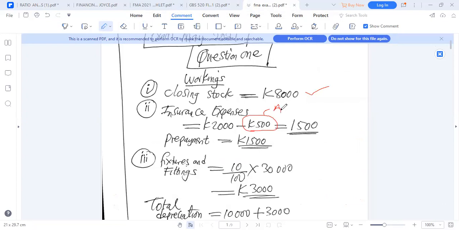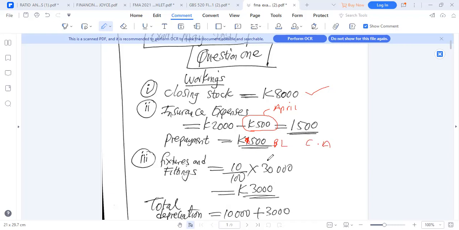So our actual insurance expense will be 1.5, after we subtract: 2,000 minus 500, we get 1.5. Then in the balance sheet, this 500 becomes a current asset.